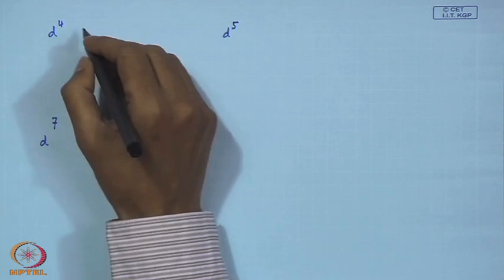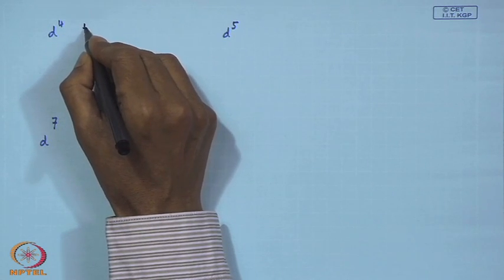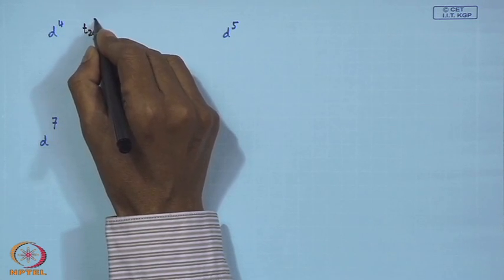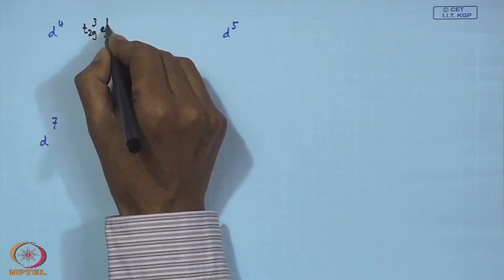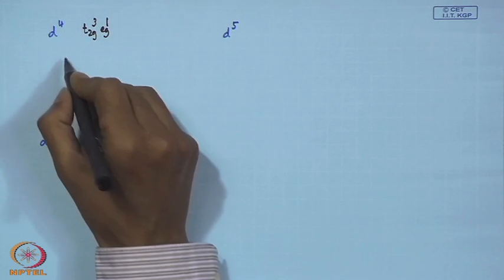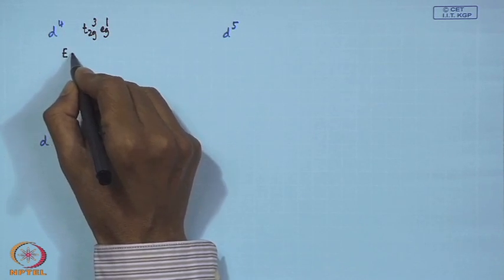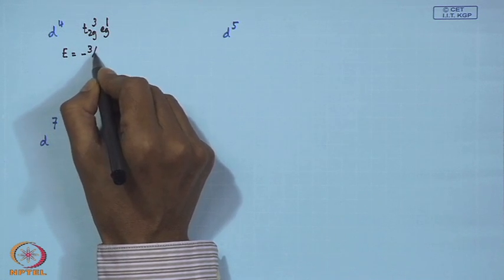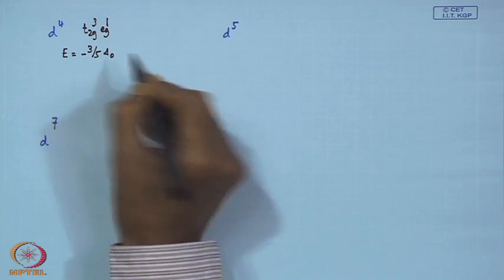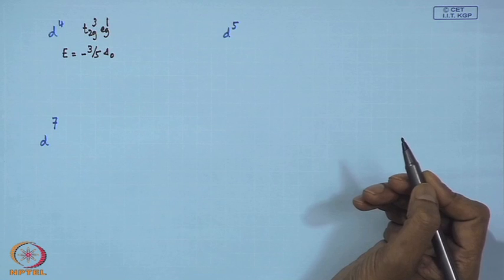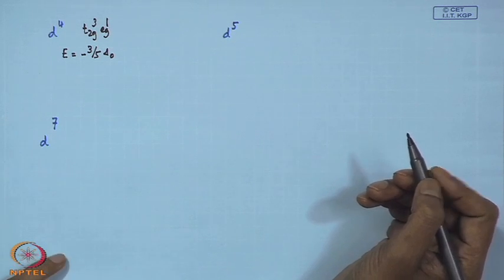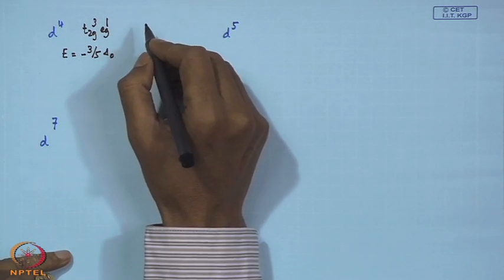For D4 we have the configuration T2G3 EG1, where E is equal to minus 3/5 delta O, and we do not have any pairing, so the P term is not there.